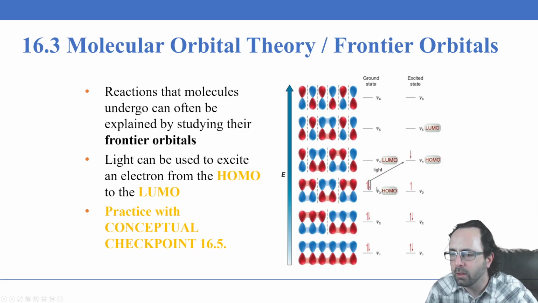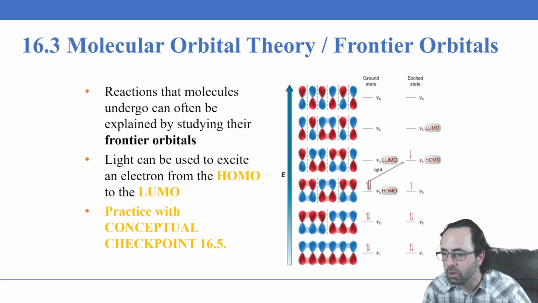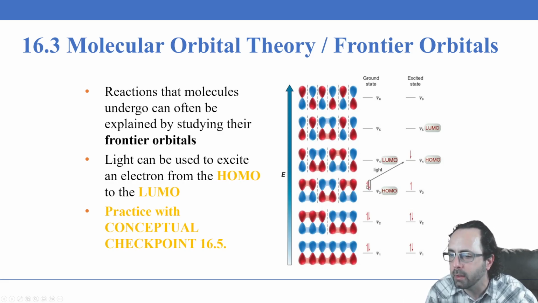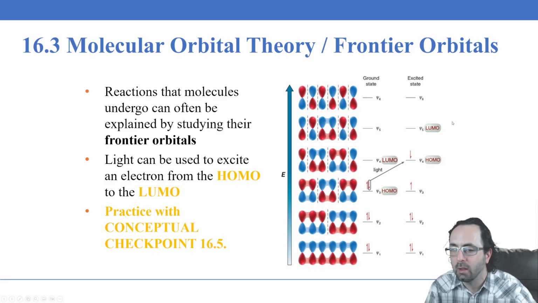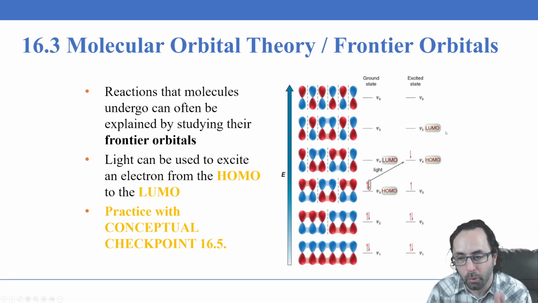When the pi conjugation system gets very large, the amount of energy required to promote an electron, when light is absorbed, from the highest occupied molecular orbital to the lowest unoccupied molecular orbital and reach this so-called excited state begins to lie in the visible range.